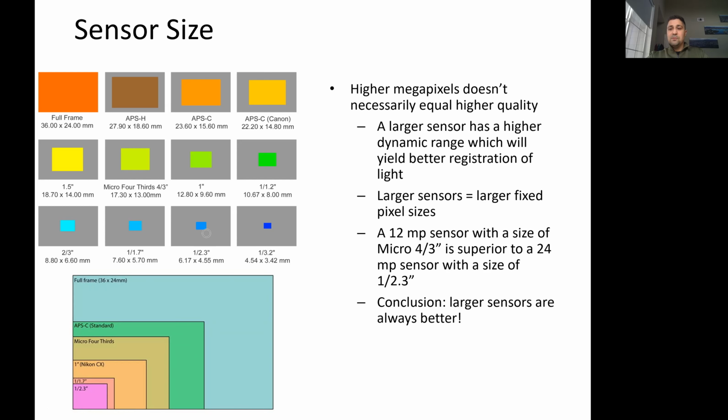Even though this technically has more pixels in the sensor itself, those pixels are much smaller, meaning the range of adjustment is not as high of a quality. In other words, when you're observing cameras, megapixels is not the be all end all. It is an important part of it, but it's the sensor size itself that is ultimately going to determine image quality.